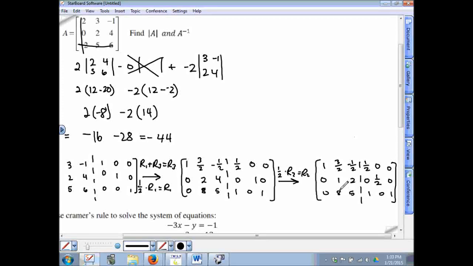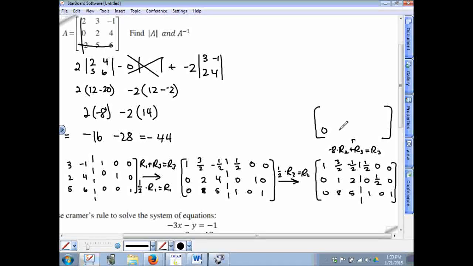Next, we need to get this here to be a 0. So if you multiply row 2 by negative 8 and add that to row 3, so negative 8 times row 2 plus row 3 equals row 3. So negative 8 times 0 is 0. 0 plus 0 is still 0.